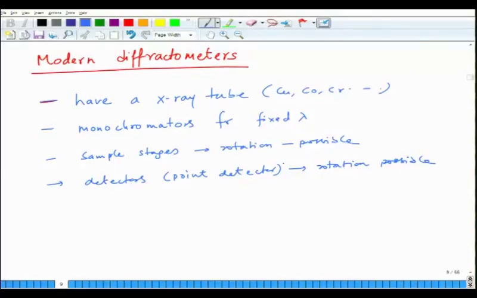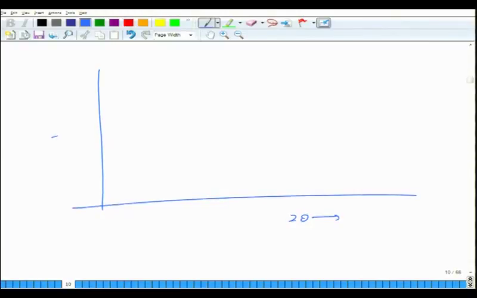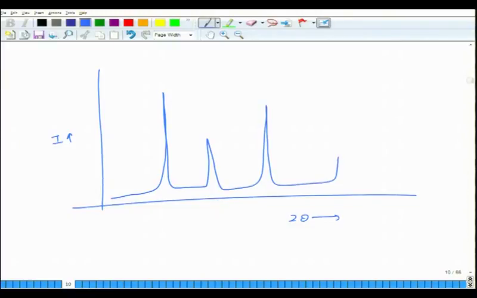So, what you get at the end is something like this: as a function of 2 theta, as a function of intensity, you have these peaks, and so on and so forth.